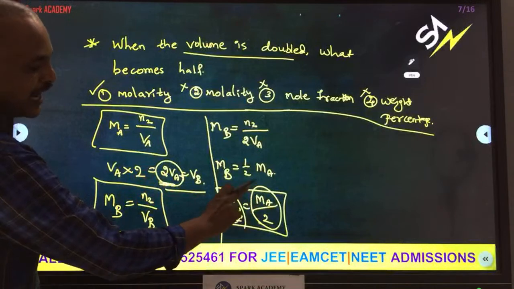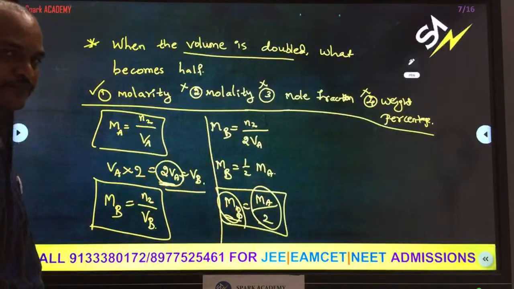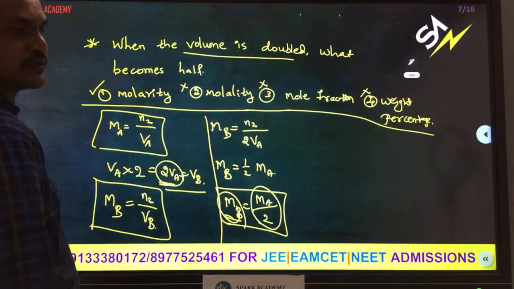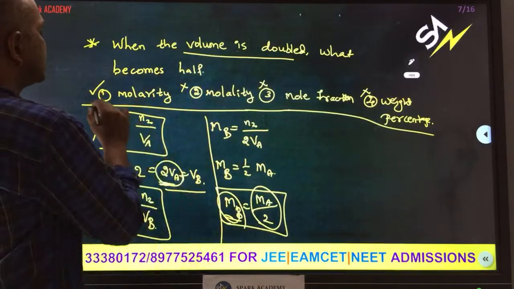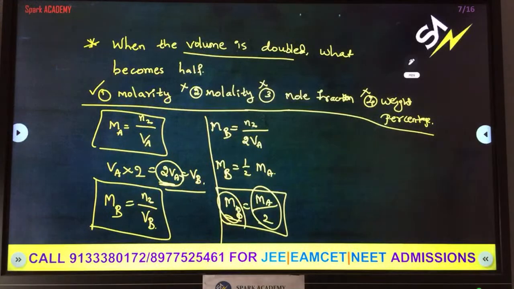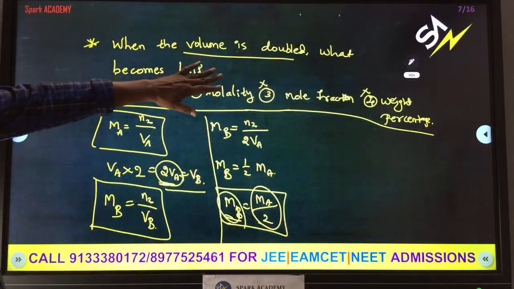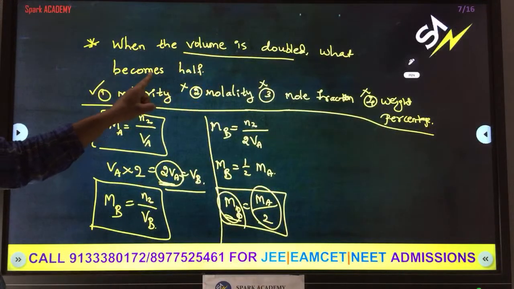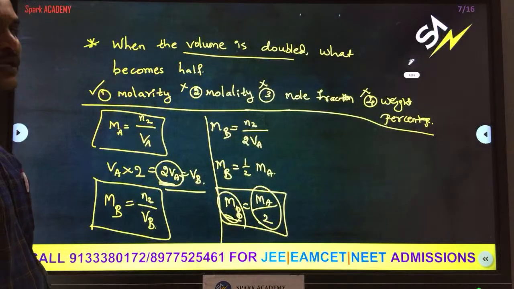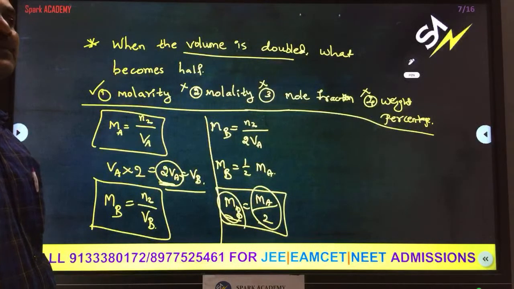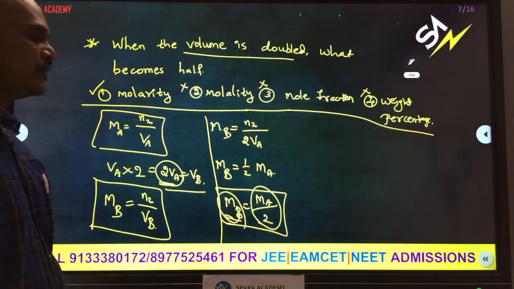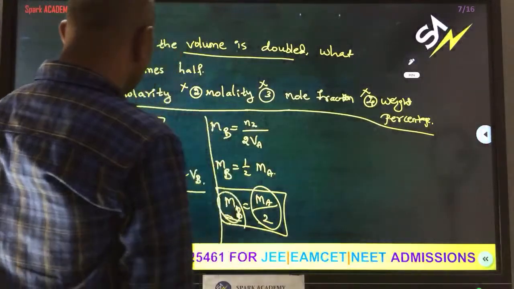Ma is there, half of the Ma is the Mb. Understood? That means the molarity becomes half. Okay, that's why this is the answer here. Is it clear? So like that, when the volume is doubled, molarity becomes half. Initially how much is there? For that we should write by 2. By 2 we are writing means it becomes half of the initial. Understood this one? That's all.